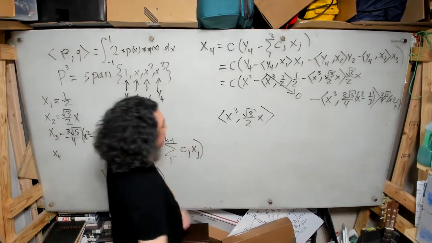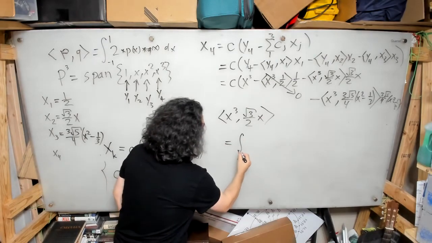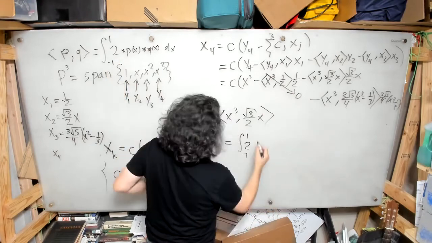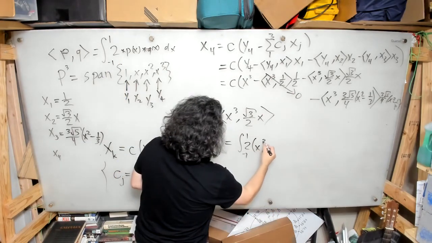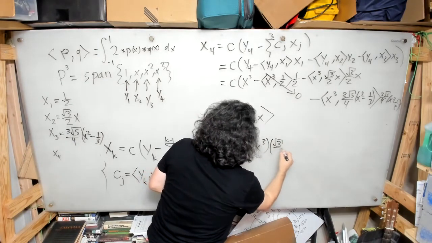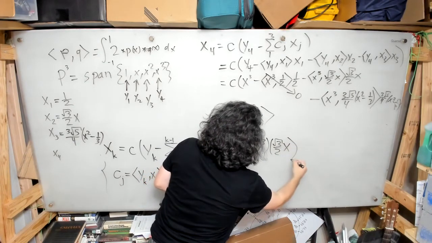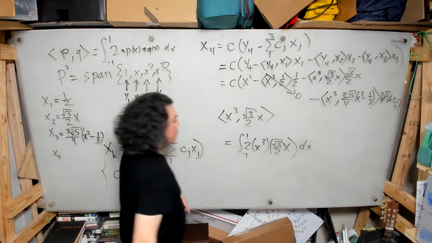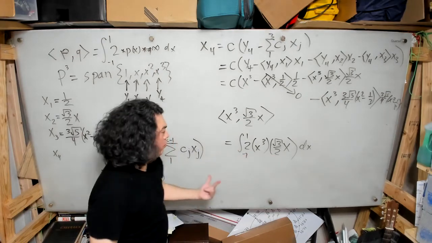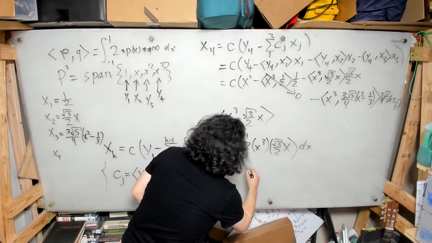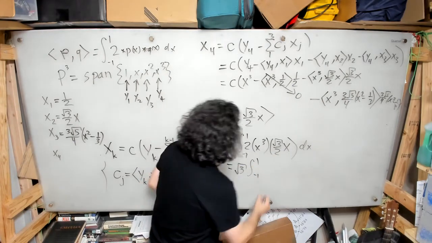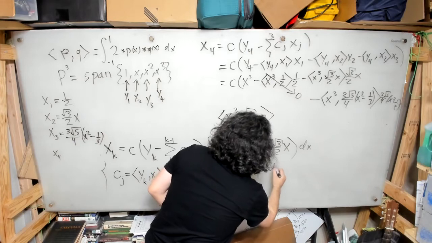This is equal to the integral from negative 1 to 1 of 2 times my p of x, which is x cubed, times my q of x, which is this expression here, square root of 3 over 2 x dx. Now, you can see that 2 times the square root of 3 over 2 becomes just square root of 3. So this is the square root of 3 times the integral from negative 1 to 1 of x cubed times x, that's x to the fourth power, dx.